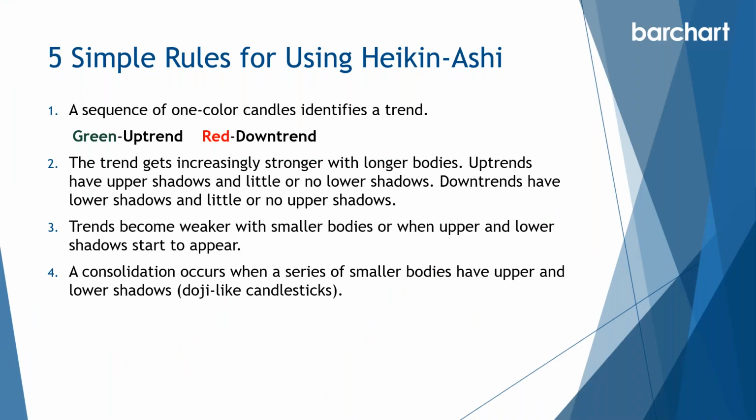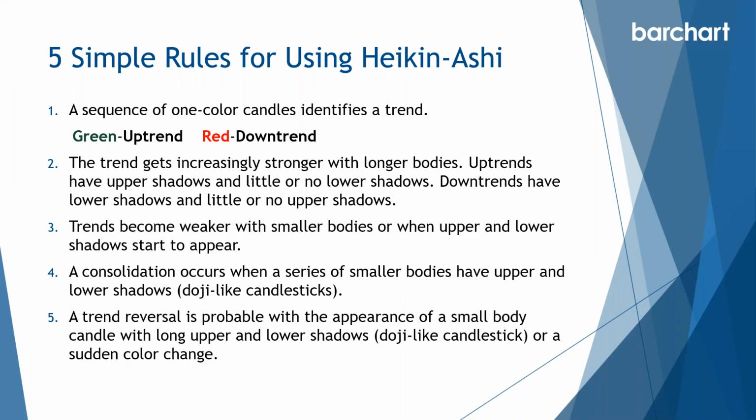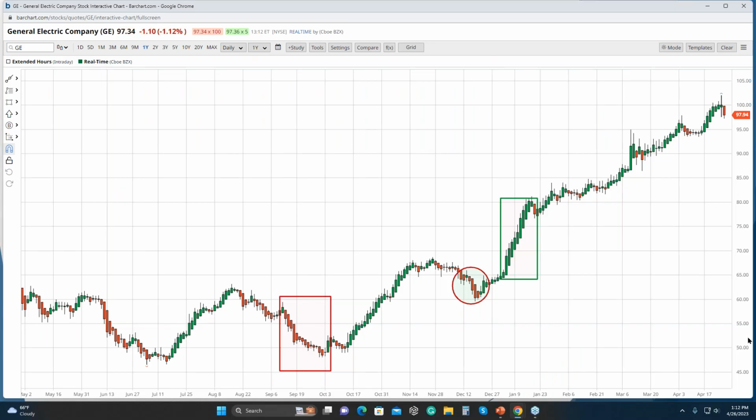And rule number 5 will be that a trend reversal is probable with the appearance of a small body candle with a long upper and lower shadow. Again, a doji-like candle, or we see a quick change in the color of our candles.